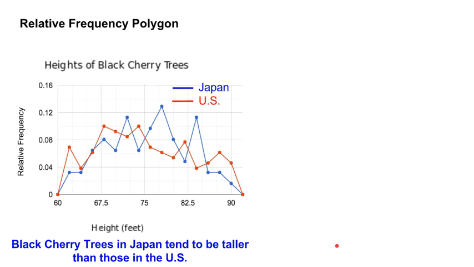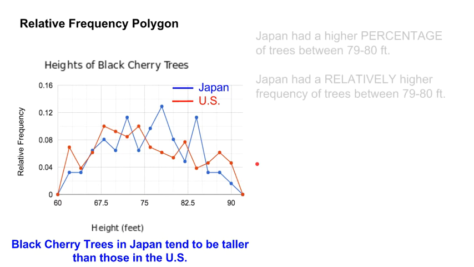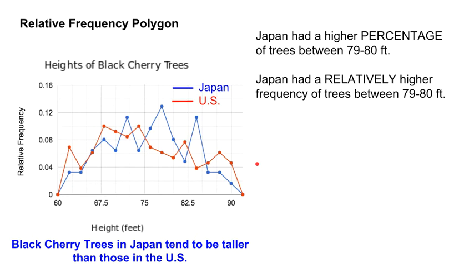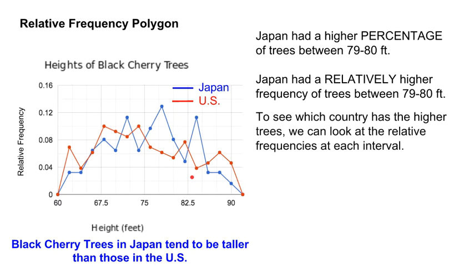So black cherry trees in Japan tend to be taller than those in the US if we look here. How do we get that? Well, Japan had a higher percentage between 79 and 81, so they had a relatively higher frequency between 79 and 81, but we don't care about just that part. We also want to see overall.